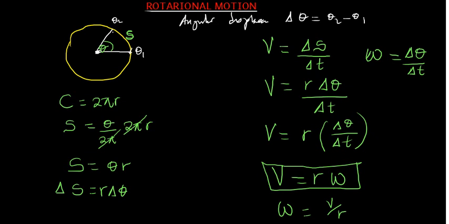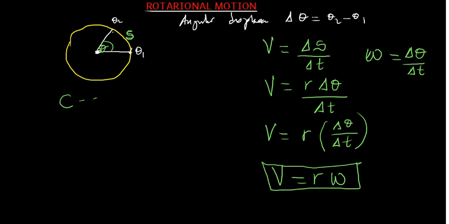In other words, we can make a general conclusion. Well, before I make a conclusion here, let's determine one more thing. We said that radial acceleration or centripetal acceleration, the acceleration towards the center of a circle, is given by velocity squared divided by the radius.